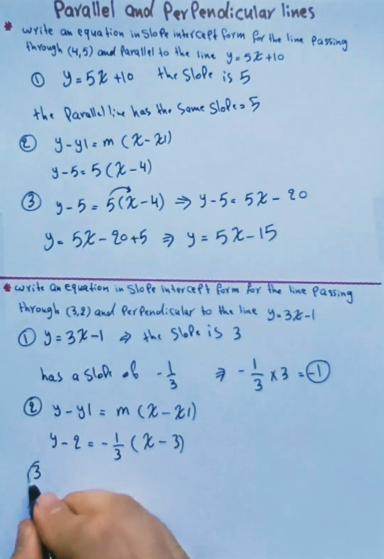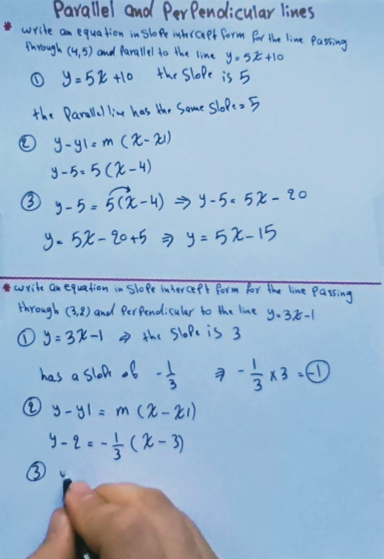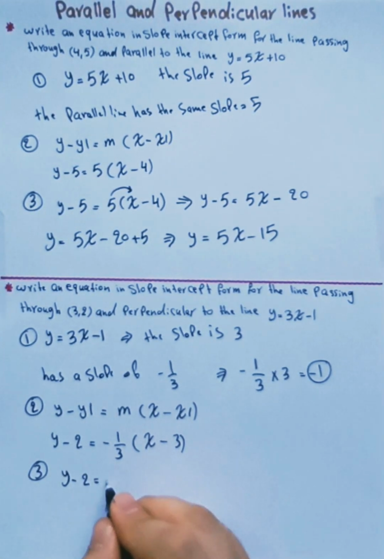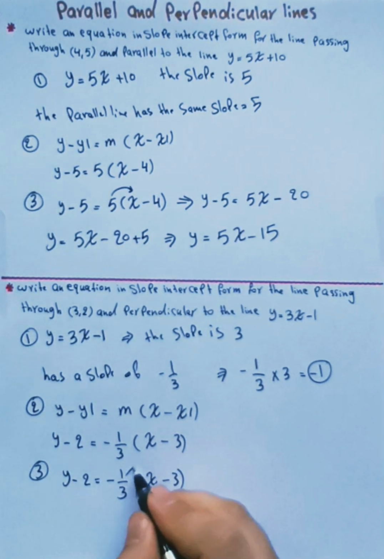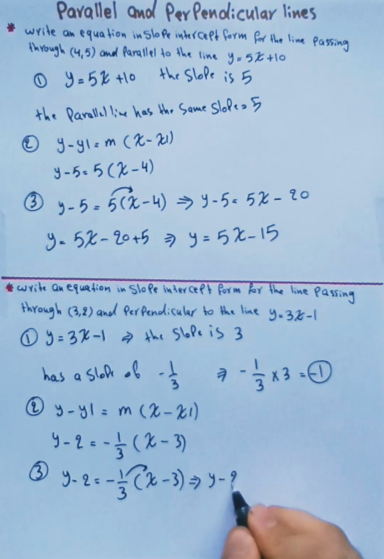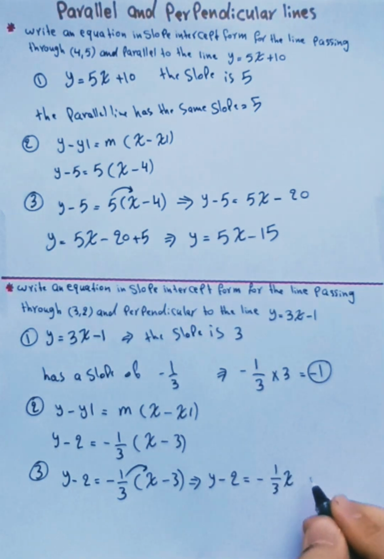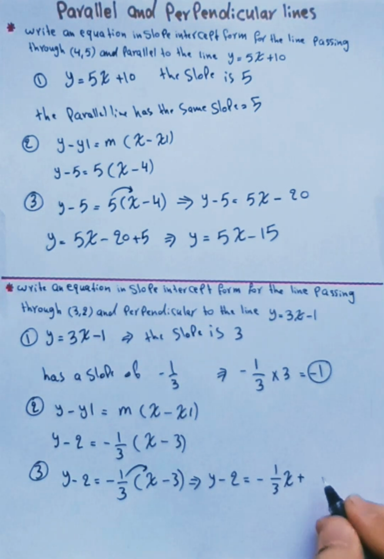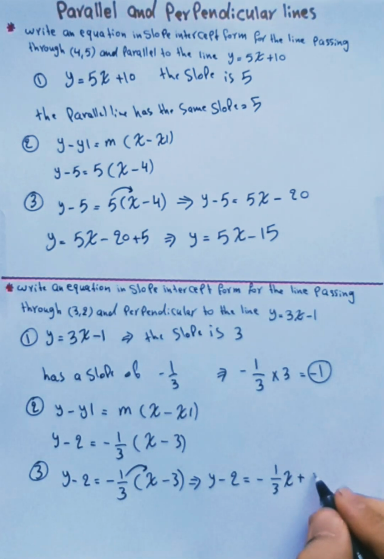Step 3, we have to write the equation in slope-intercept form. y minus 2 equal to negative 1 out of 3 times x minus 3, and then we have to multiply negative 1 out of 3 into the parentheses, so y minus 2 equal to negative 1 out of 3x plus 3 times 1 out of 3, so equal to 1.